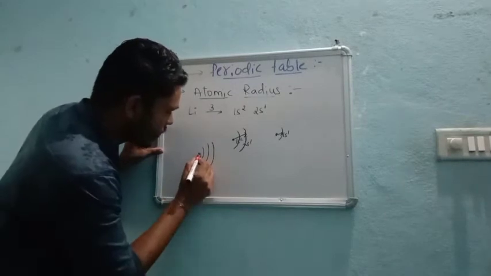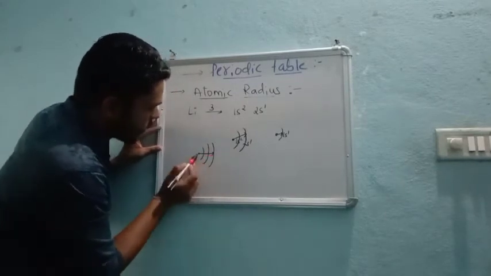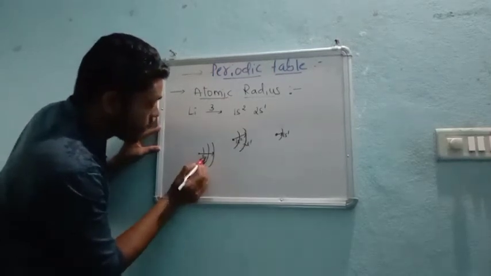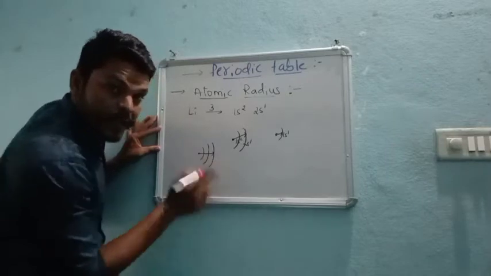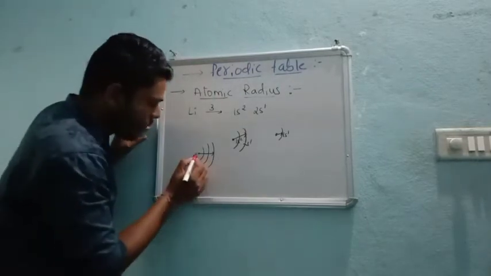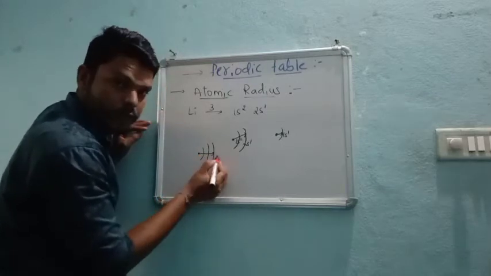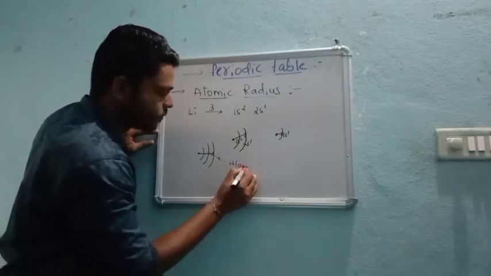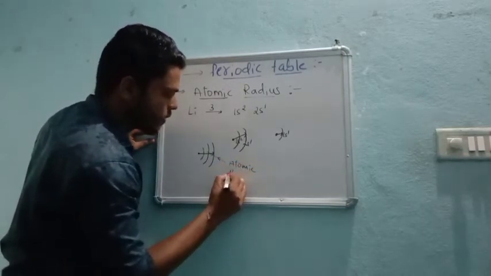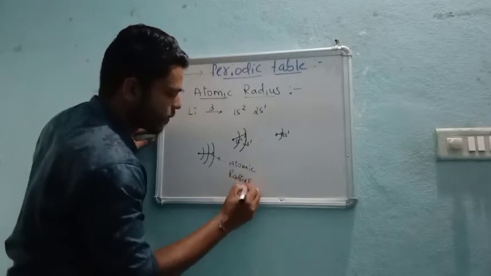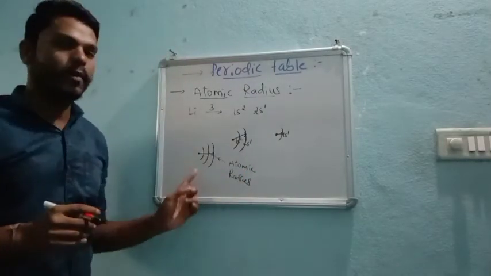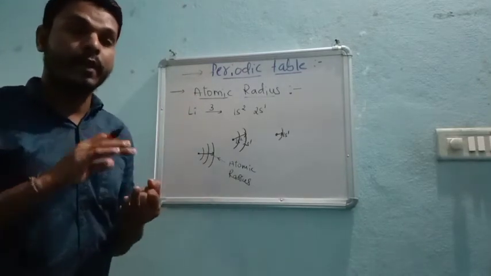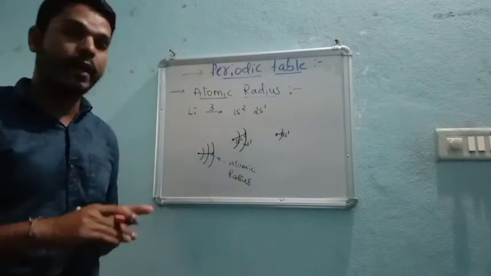So what is the atomic radius? It is the distance between the center of the nucleus to the outermost shell, not this shell or this shell, but the shell which is outermost. Very simple. And this atomic radius will explain everything about other properties: ionization energy, electronegativity, metallic character, non-metallic character.